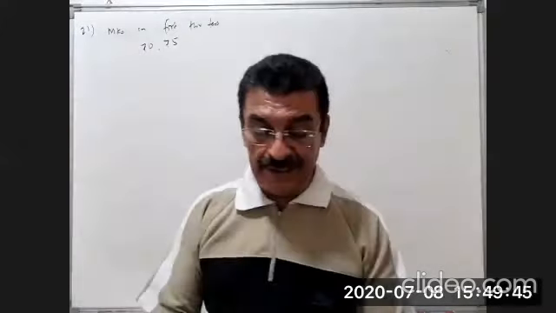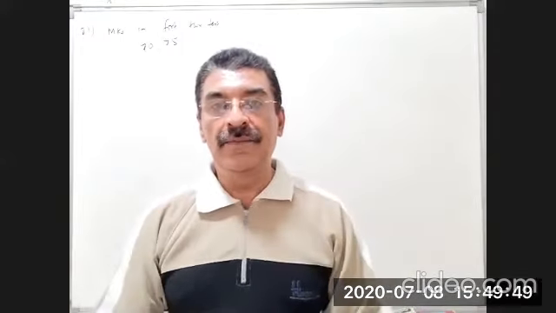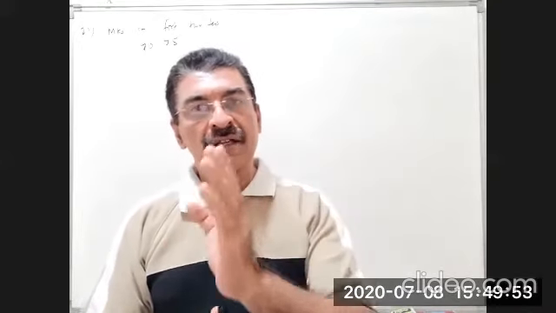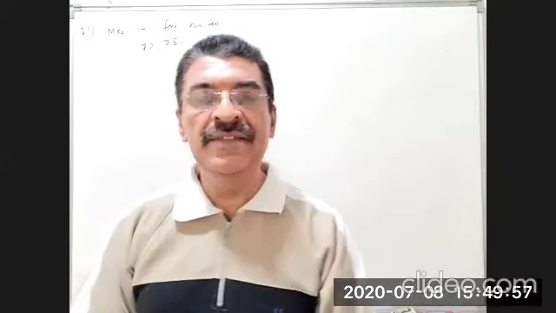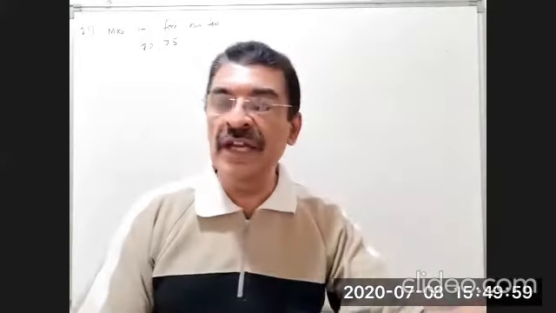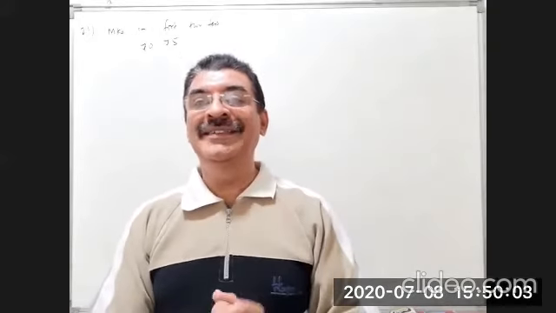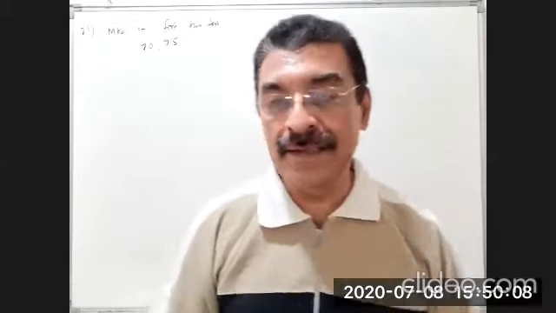Taking this wording, at least 60. At least 60 means what? Is it 60 and more or 60 and less? Few of you wrote less. This is the general tendency.